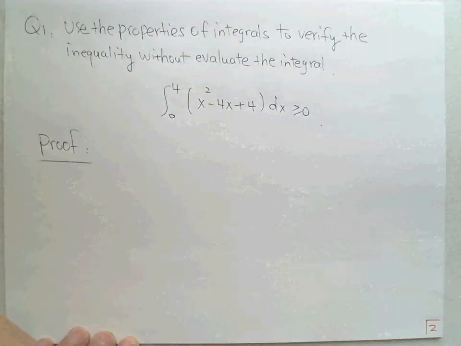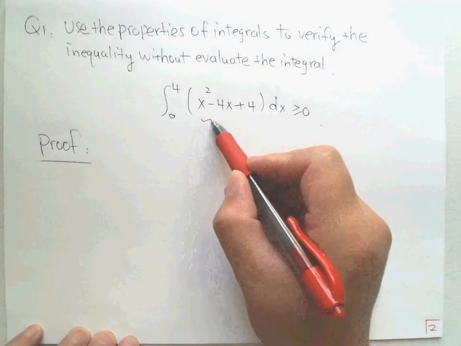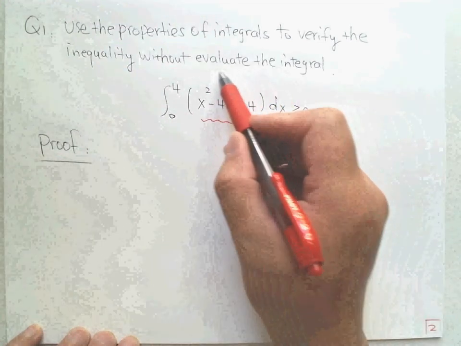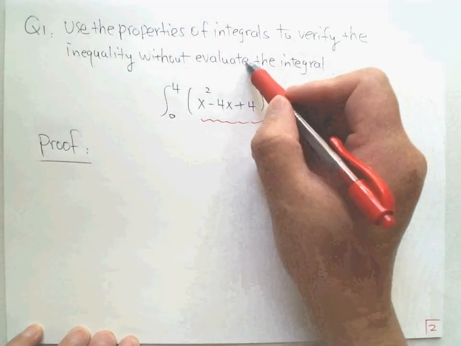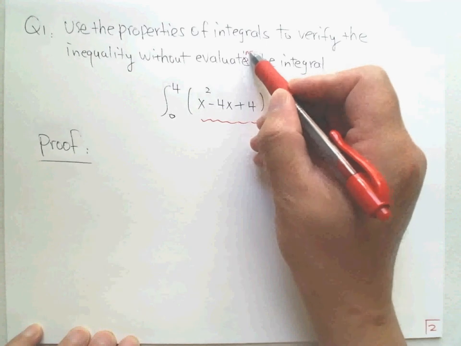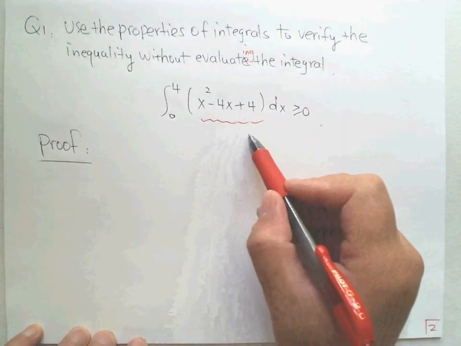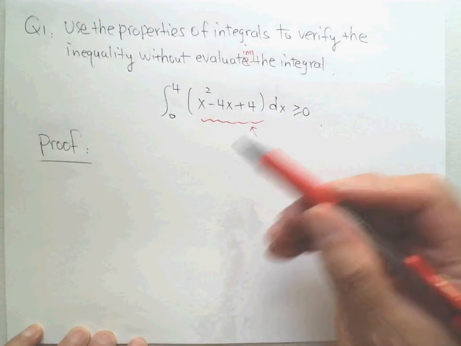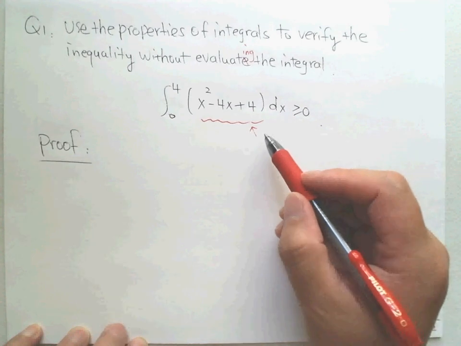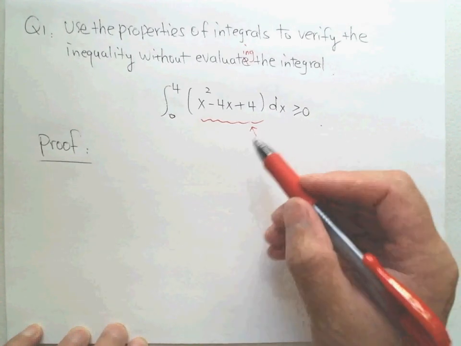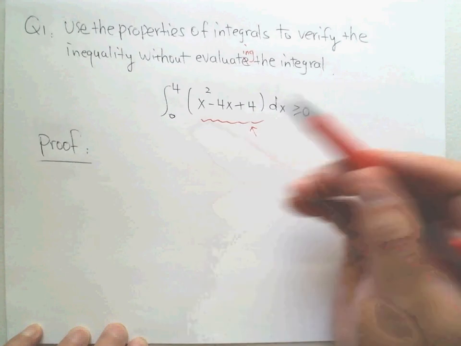Is this true? All we need to do is check. This question is without evaluating the integral, so don't evaluate it. We're just going to do it another way, with the property, to compare.